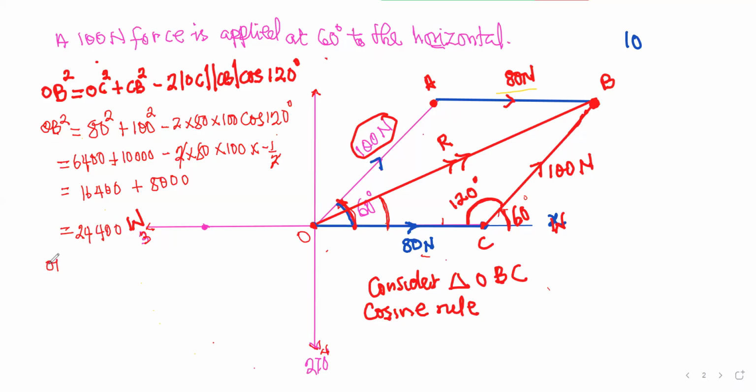Therefore, OB is equal to the square root of 24,400. What is the square root of 24,400? 156.2. Somebody earlier gave me such an answer, 156.2 Newton.